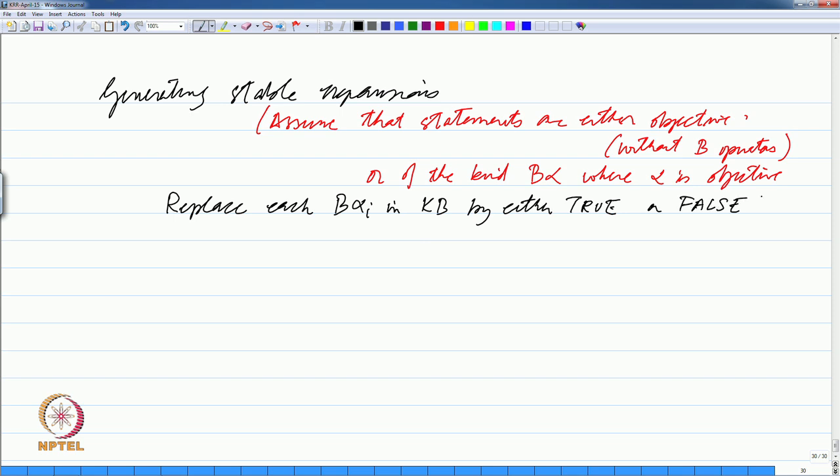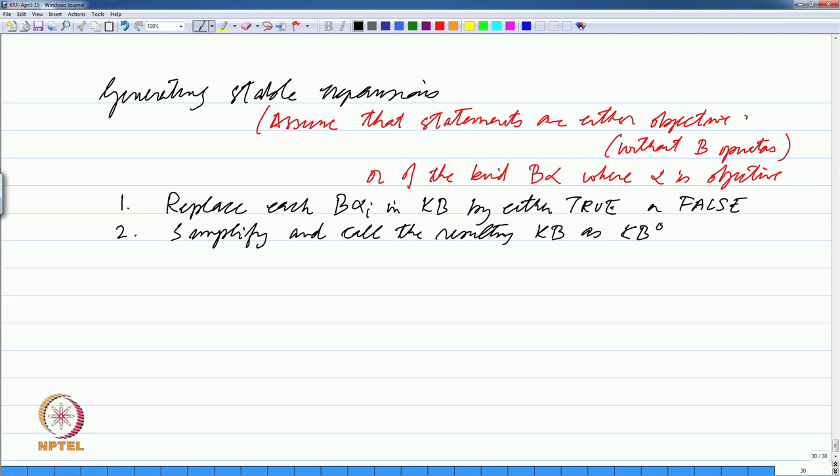So, essentially we will try out different combinations and then you simplify, and call the resulting KB as KB prime.